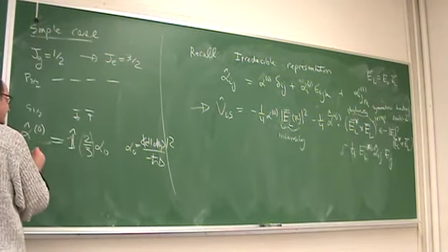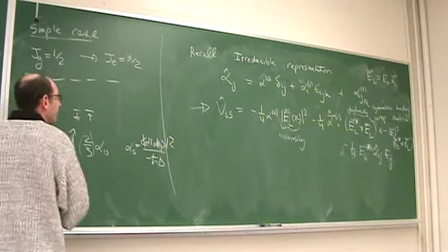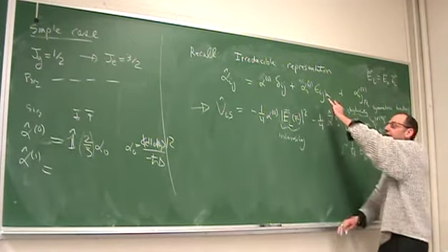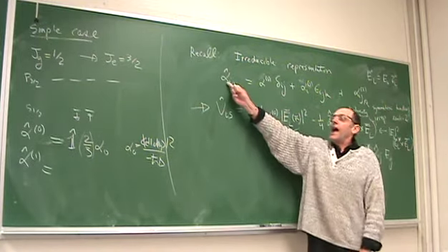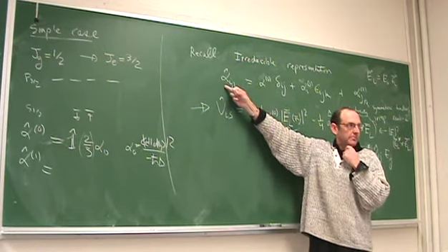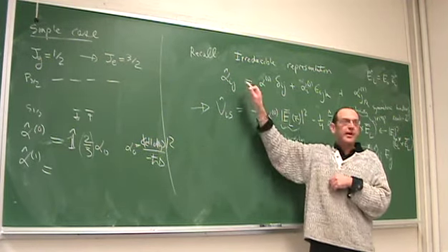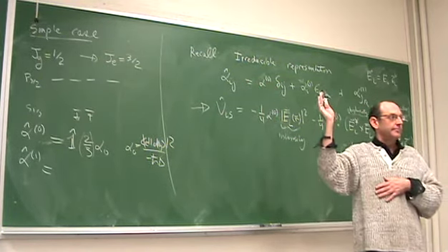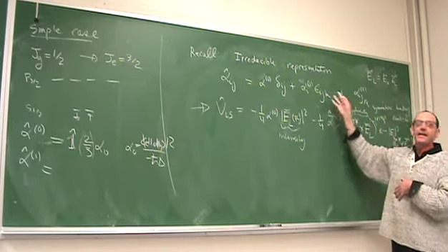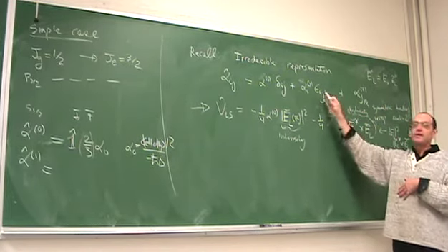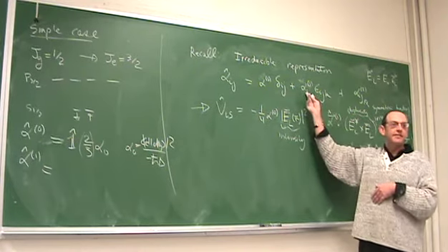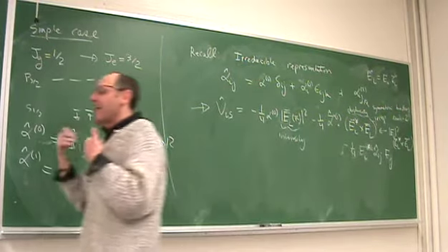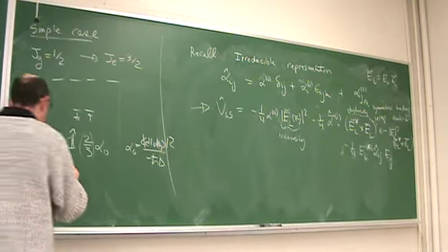Alpha 1 was equal to, well, notice firstly, alpha is a Hermitian operator. Therefore, when I take its transpose, I have to get the star. Since this is antisymmetric under i goes to j, this has to go to minus itself when I star it, which means that it has to be proportional to the imaginary i.